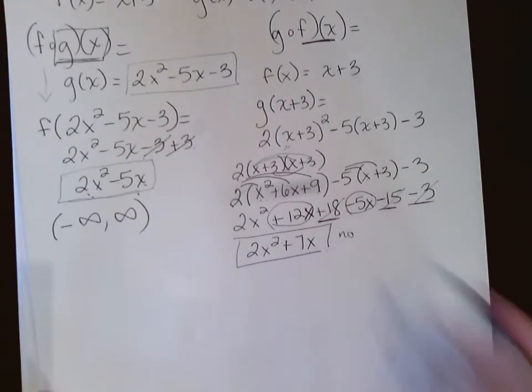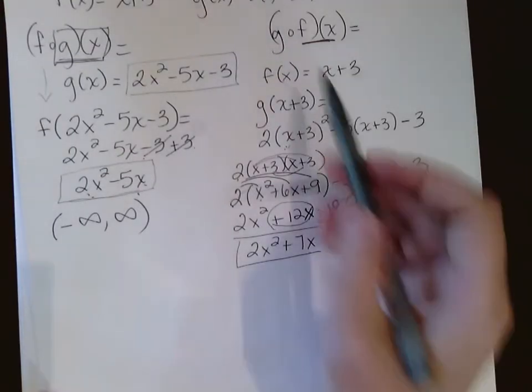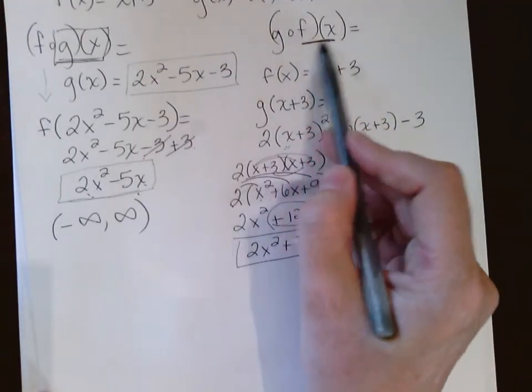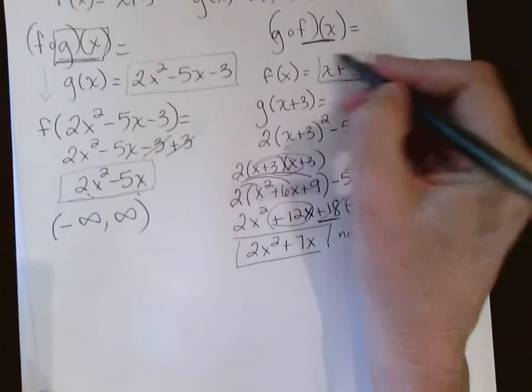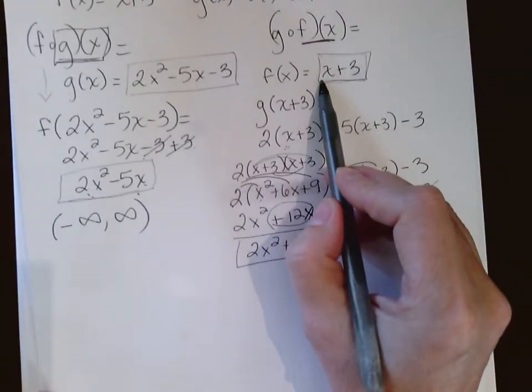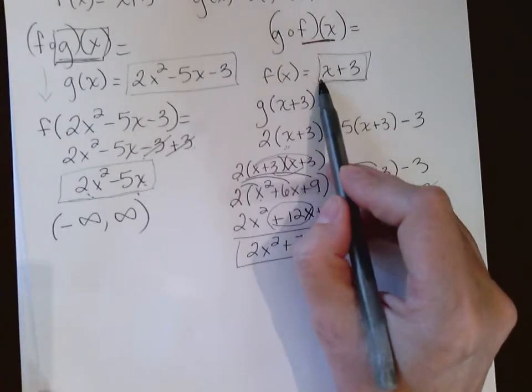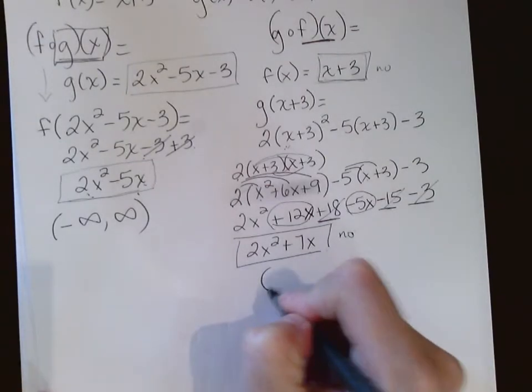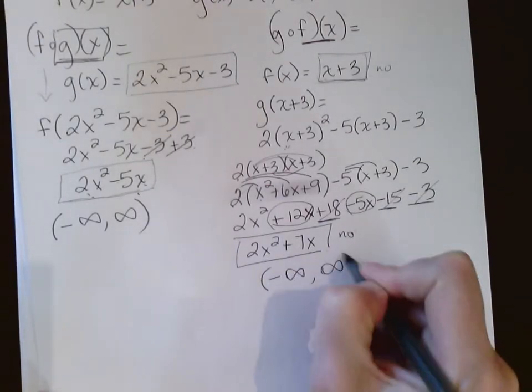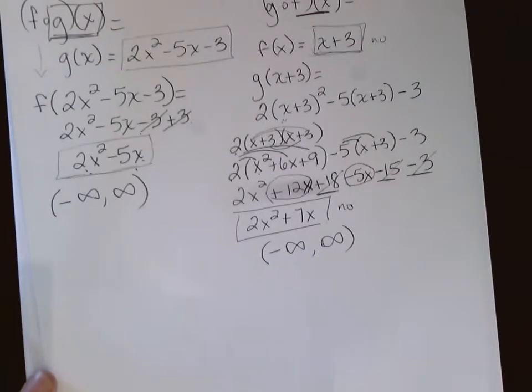No restrictions there. And then the part where you plugged in, which is f of x, was here's f of x. Are there any restrictions in this part of the domain? Is there anything x cannot be here? No. Since there is no restrictions in either spot, again, the domain is negative infinity to positive infinity.